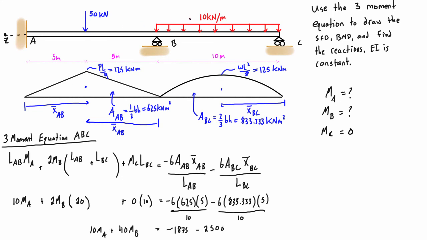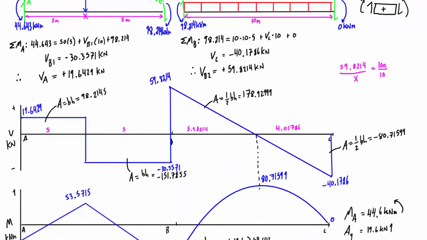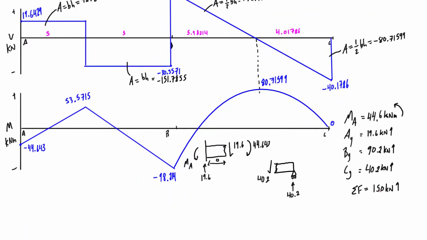So we have 50 going down and then 100 from this distributed load going down. So this whole thing should be in static equilibrium if we have 150 kilonewtons of applied load going down and 150 kilonewtons of reactions going back up. So that's a really good check for us. And otherwise, it looks like we've done everything correct. We've got the shear force diagram, we've got the bending moment diagram, and we got all of the reactions.